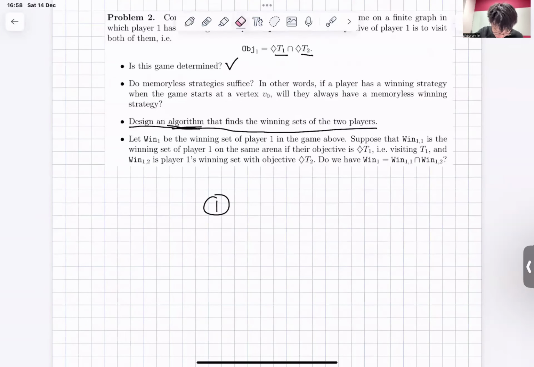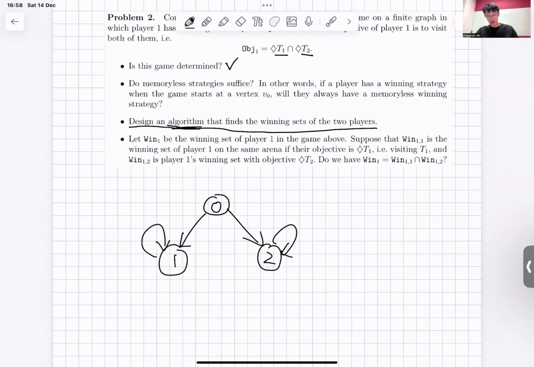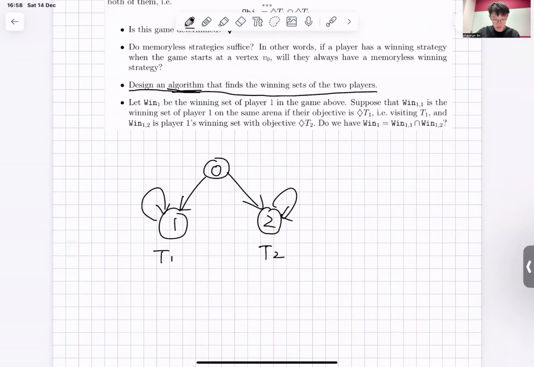consider this game. Node 1 is in T1 and node 2 is in T2, and the goal is to visit both vertex 1 and vertex 2.